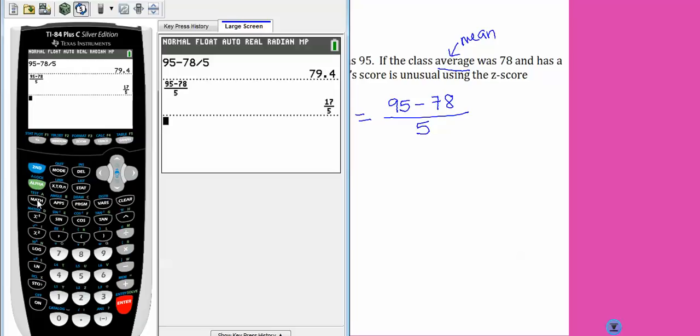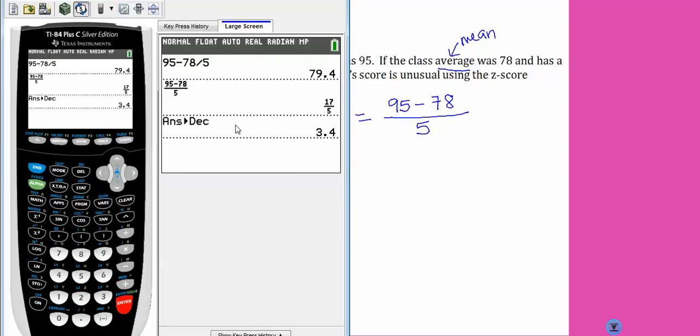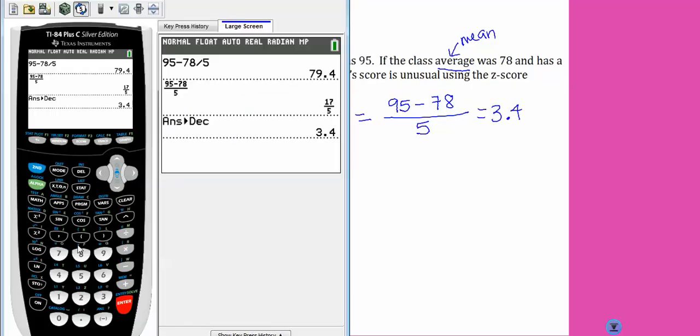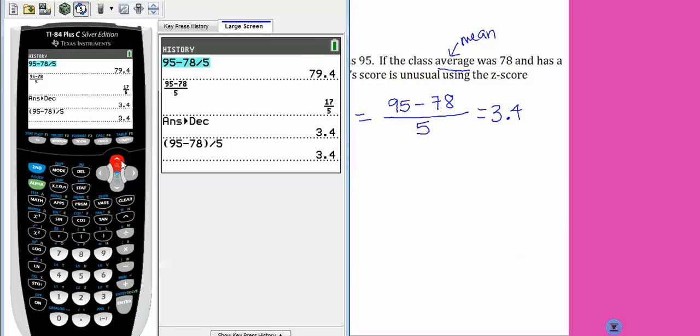And then we're going to switch it to a decimal, so math 2, enter, and get 3.4. Your other option is do parentheses 95 minus 78 divided by 5. That also gives us 3.4. So this is correct. Don't do that.